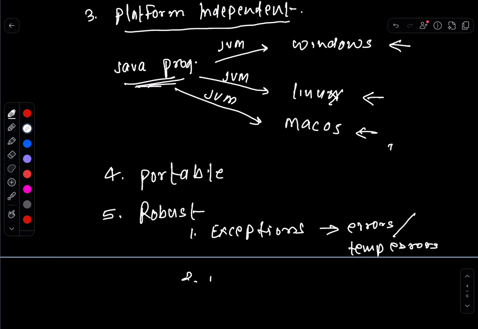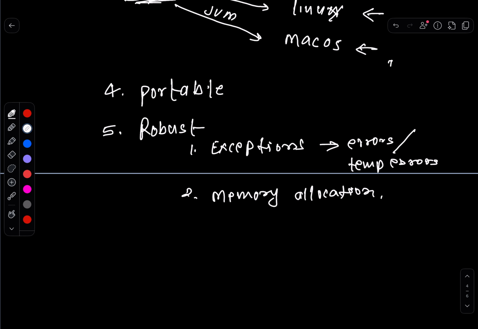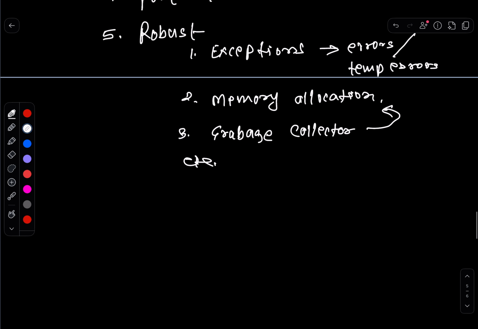Then memory allocation: it is very smart, it allocates the memory automatically. It is also a garbage collector, which is a part of memory allocation. These features are not limited to this, but they are the main features which make Java a robust programming language.